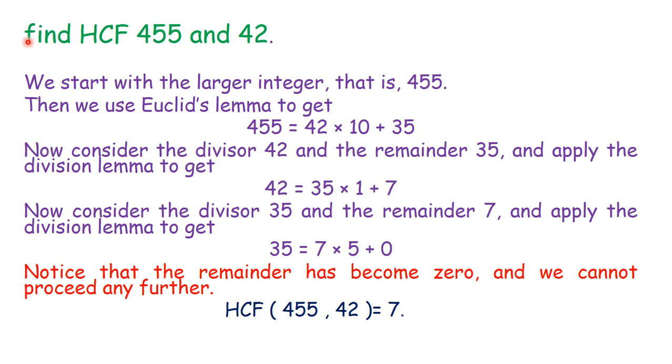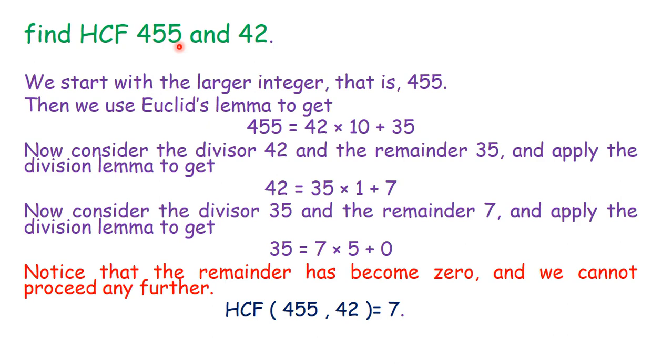The question is find the HCF of 455 and 42 by using Euclid's division lemma. Now we will start with the larger integer. Of course, among these two, 455 is the larger integer.